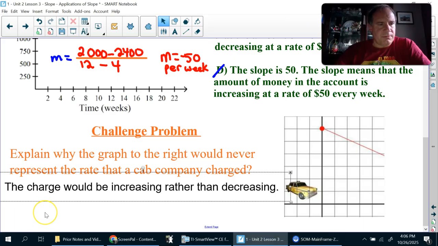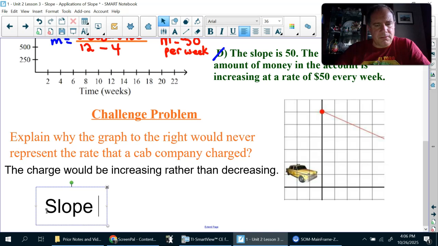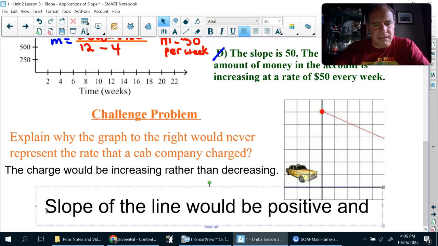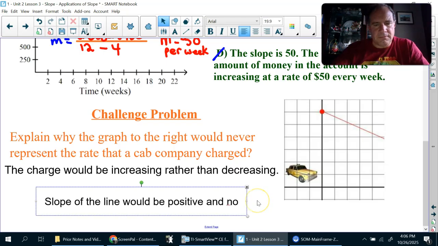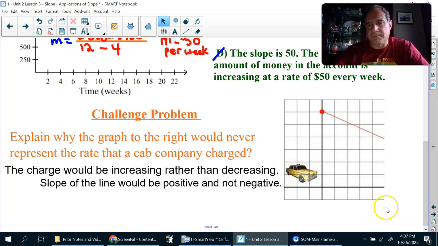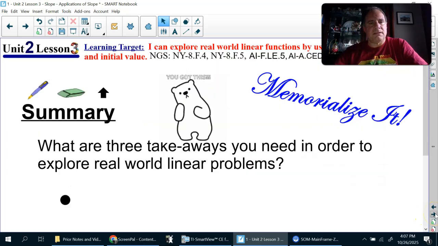So the slope of the line would be positive and not negative. So it would be going up, not down. And that's it. All right, and that ends our lesson.